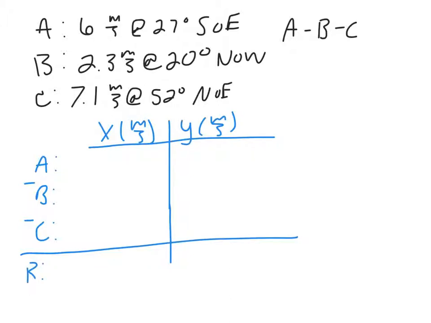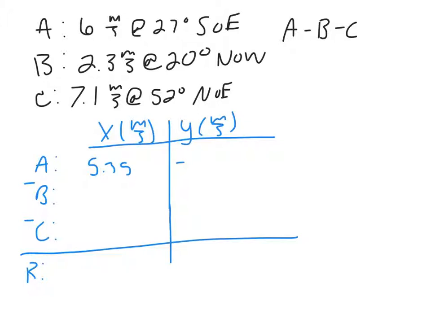So vector A is 6 cosine 27 degrees for the X component, so 5.35 meters per second. It's south of east, so my x component is positive, my y component is negative.